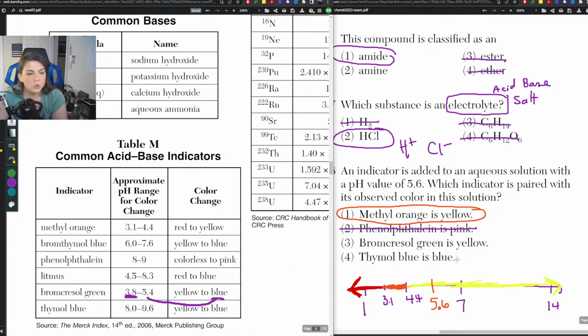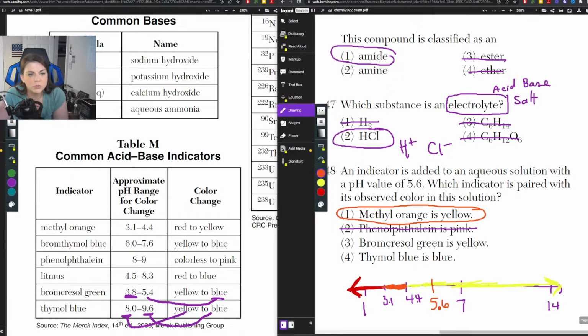And then thymol blue will only be blue if the pH is greater than 9.6, and it'll be yellow if it's 8.1 or lower. I really dislike how they set up this indicator table, but that's how they chose to do it, so that's how we have to choose to read it. That's that.